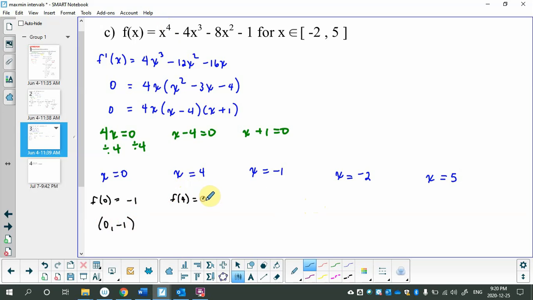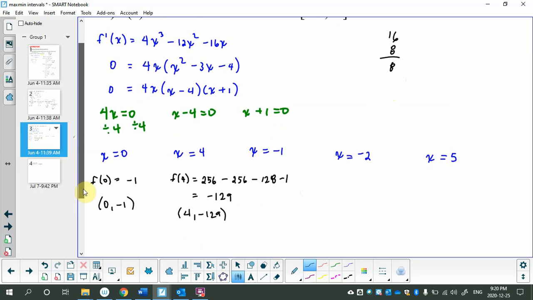So 256 minus 256 minus 16 times 8, 128 minus 1. So that ends up being negative 129. So 4 comma negative 129.